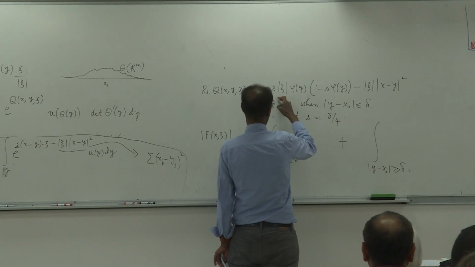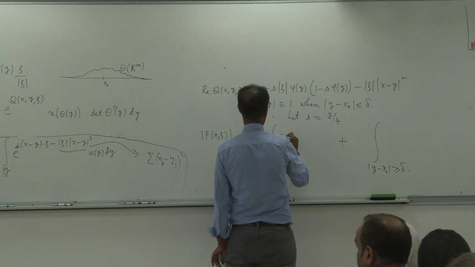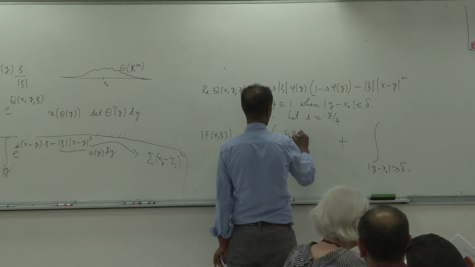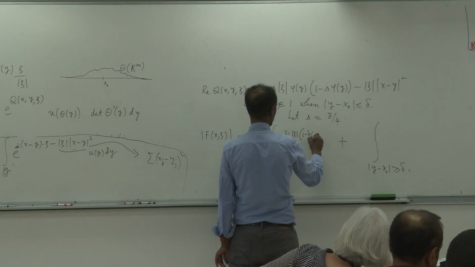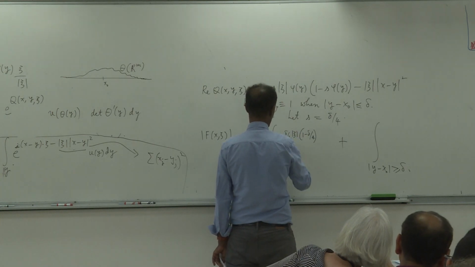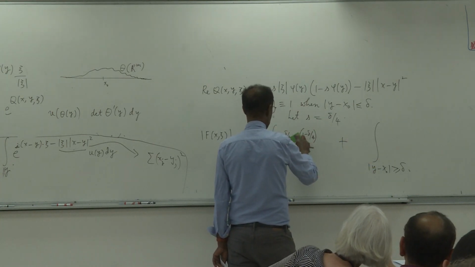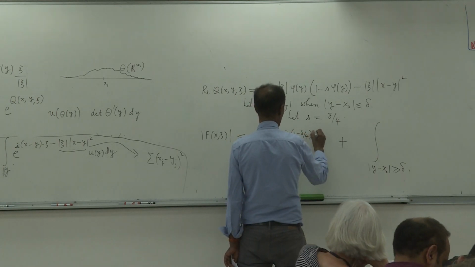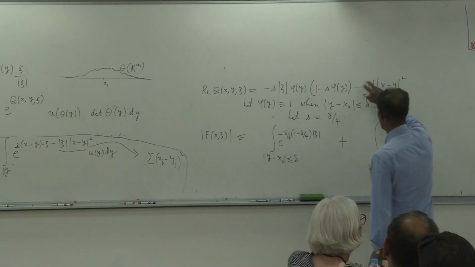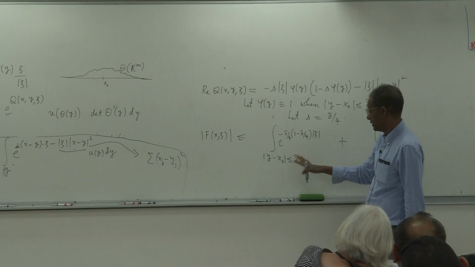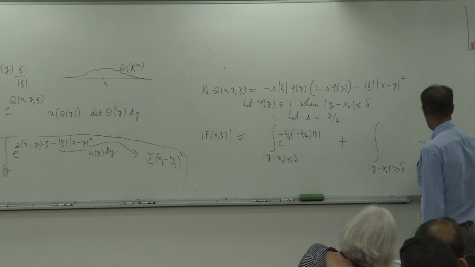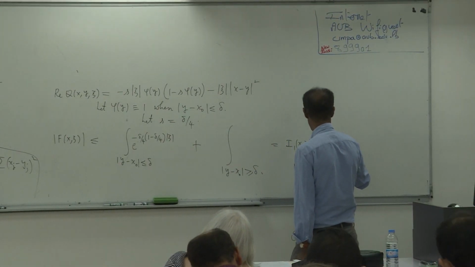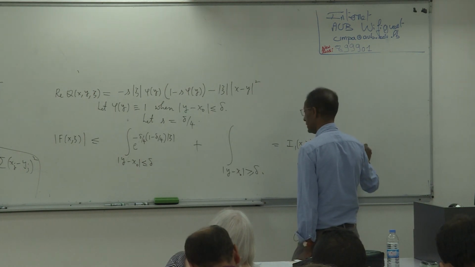So if I look at just this part, I get e to the minus, and S is delta over 4 now, so e to the minus delta over 4 norm of C, 1 minus delta over 4. Maybe let me write it like this: 1 minus delta over 4 first, and then norm of C, and forget this. This is less than or equal to 0, so forget this. The first part I call I1 of x, c. The second integral, let me call it I2 of x, c.